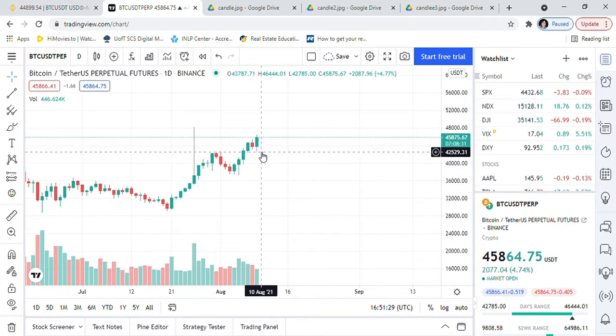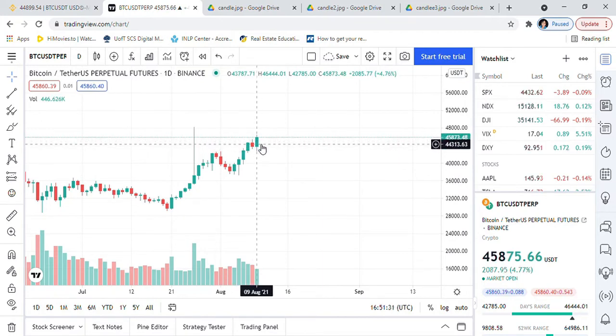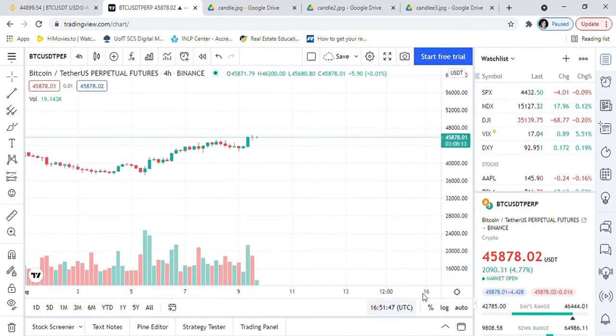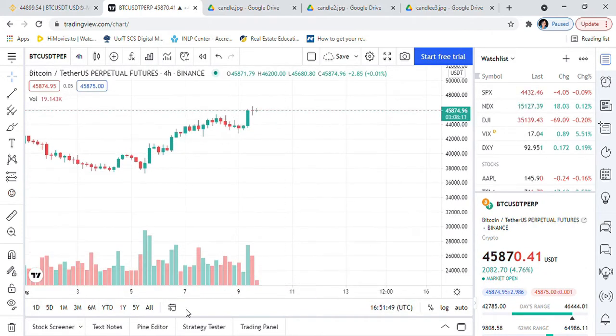That tells me that the candle will close at a green, and I will look at that and see, okay, let me look at the 4-hour time frame now. What's happening? Let me really dig deeper into it and see what's really happening.